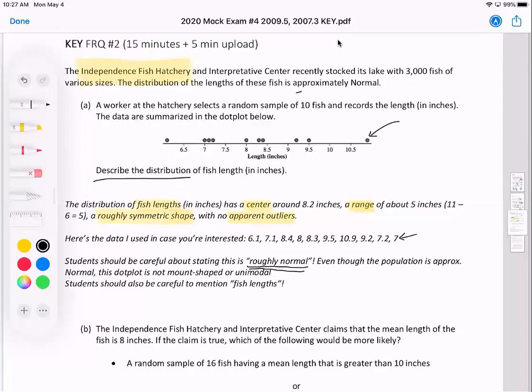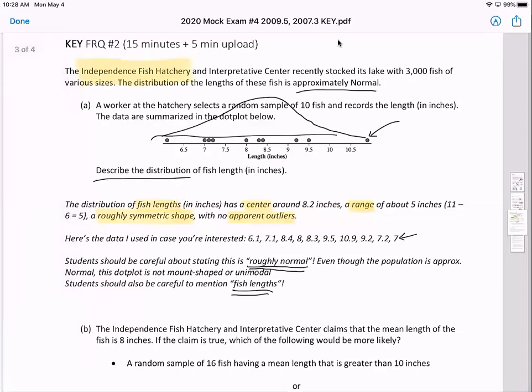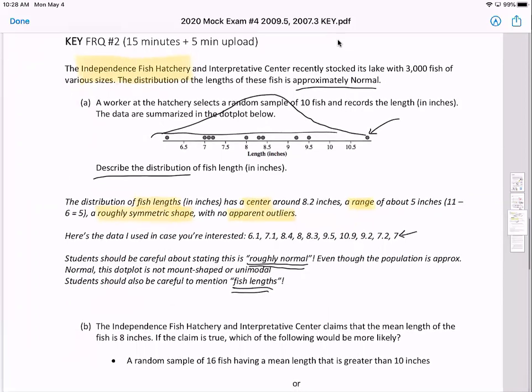We are told the population is roughly normal, but with only 10 data points, I don't really see a mound shape in this dot plot. It's just kind of flat. So don't say roughly normal here. And again, be careful that you mention fish lengths for context. Okay, so that shouldn't take too long.